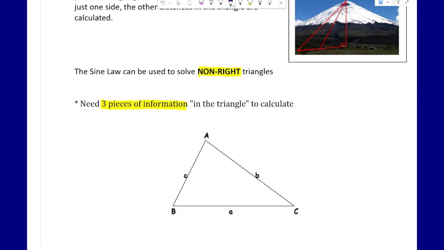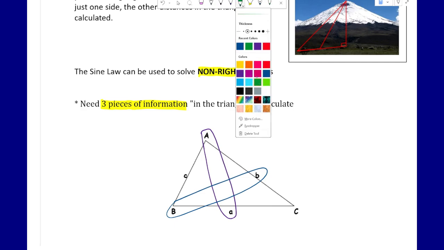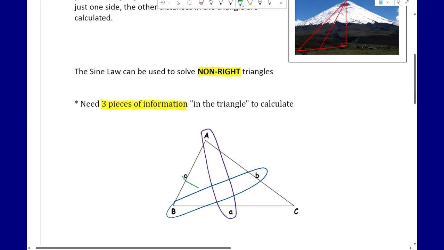So if I look at this triangle right here, I can consider the side length and the angle, so A and A, a pair. And in my triangle, there should be three pairs: an angle and a side, angle and a side, angle and a side. So those are three pairs.